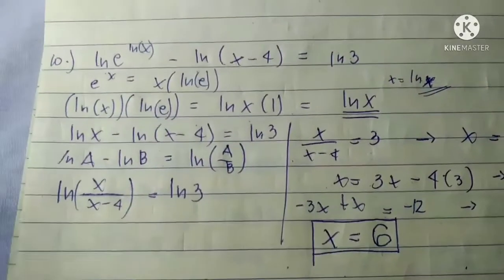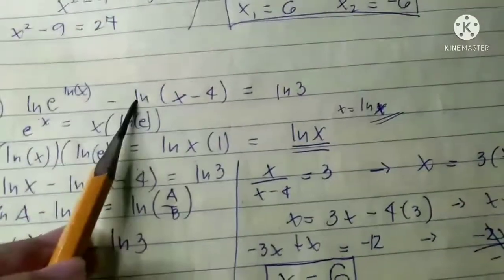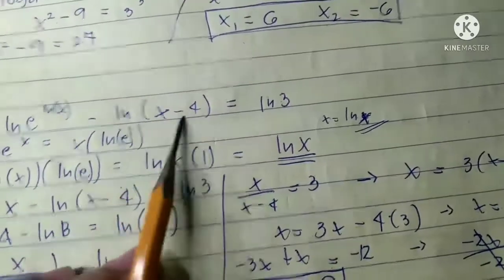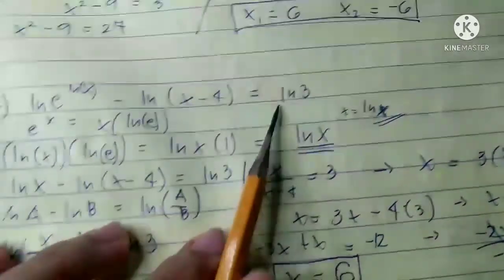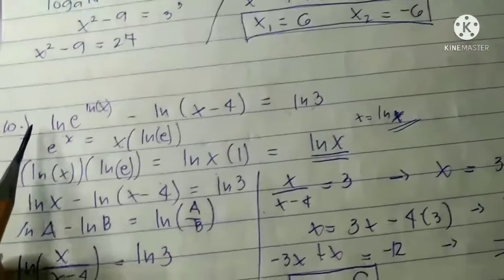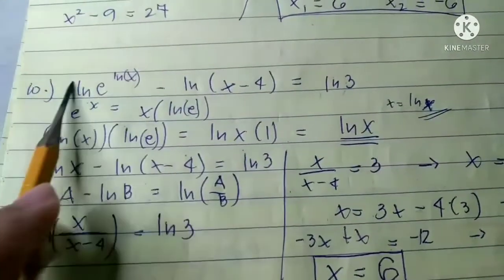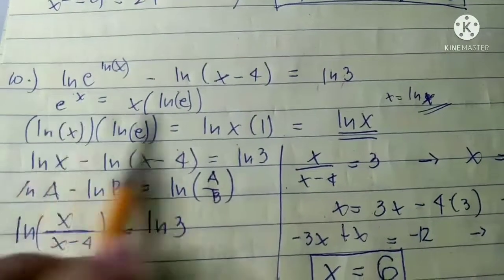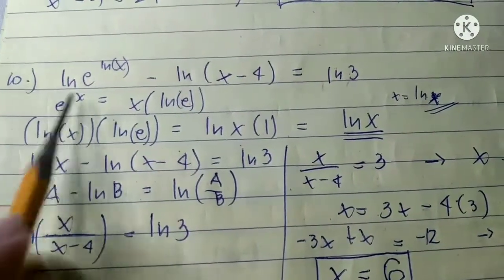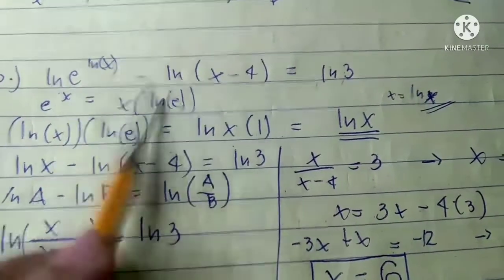Now we are in number 10. So we have here ln of e raised to ln x minus ln of quantity x minus 4 equals ln of 3. So we can solve this first part by using this equation: e raised to s is equal to x times ln of e.